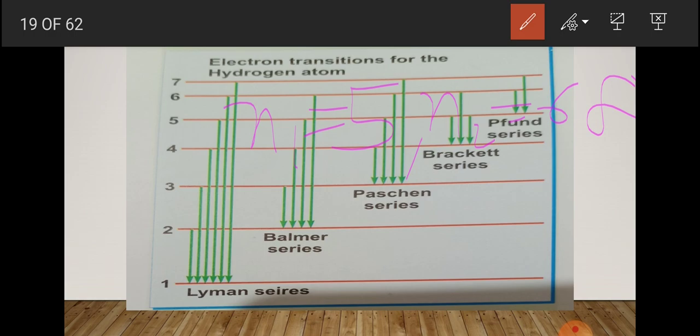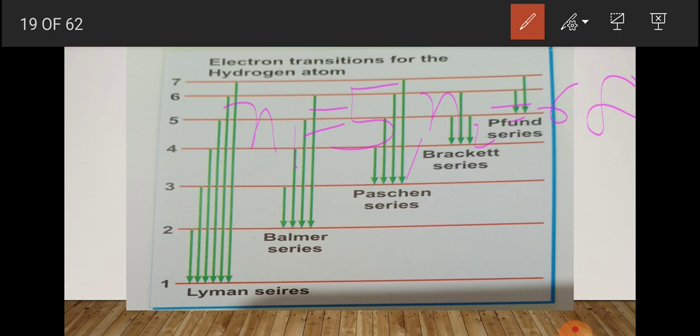It will be clear to you when we move on to the drawbacks of Bohr's atomic model. Then you will understand why I am all the time saying one electron system. The ions, hydrogen ion, helium ion, lithium ion, etc., contain one electron.